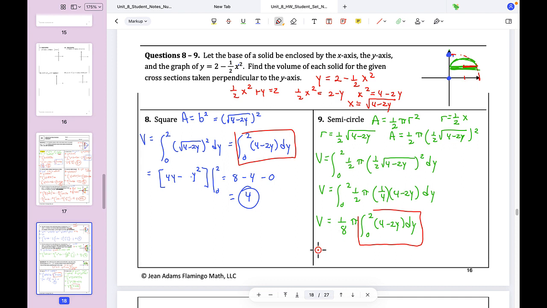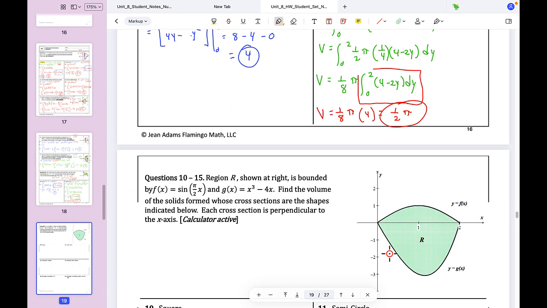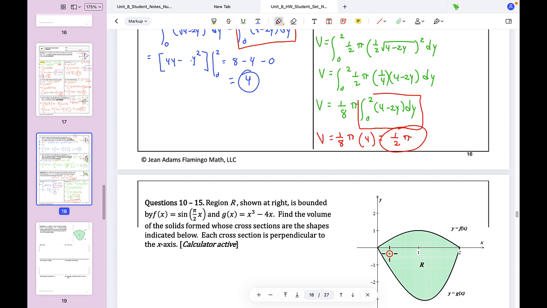So volume equals 1/8 pi times 4, or 1/2 pi. So you can get the idea here. We're doing the same thing. We just have to figure out the formula and the base. Once you do that, it's simple. Okay, next one.